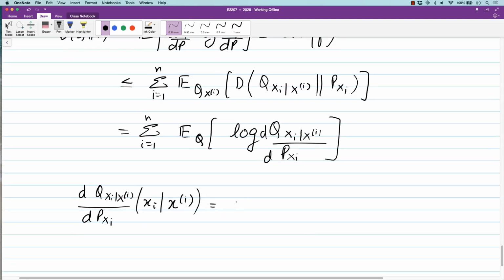This is equal to f of x_i given x_{-i}, divided by the conditional expectation under p of f of x_i given x_{-i}.